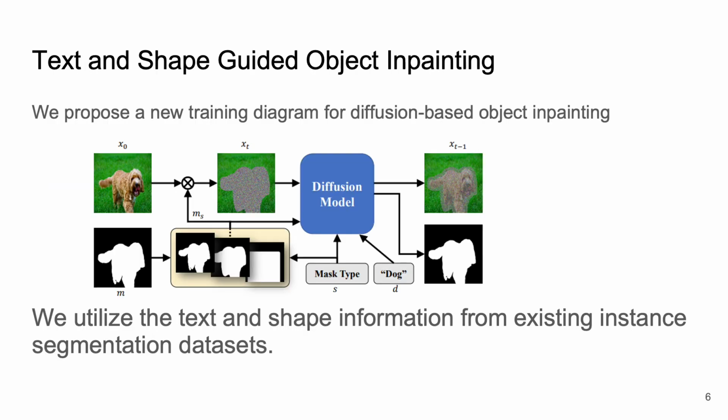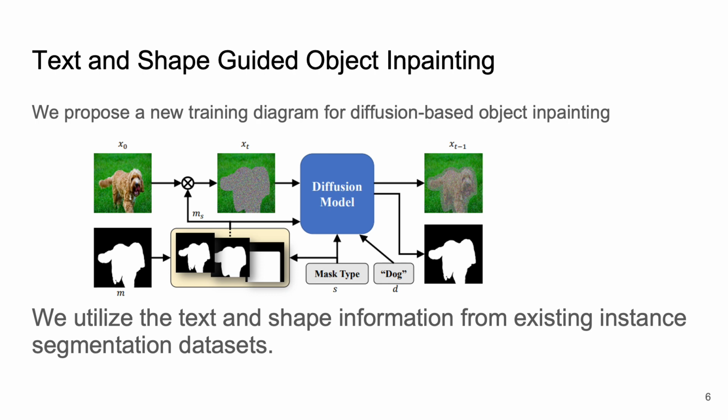In this paper, we propose a text and shape guided object inpainting model. We propose a new training paradigm for diffusion-based object inpainting. Specifically, we utilize the text and shape information from existing instance segmentation datasets. A very simple way is to use instance segmentation datasets like COCO and Open Images.